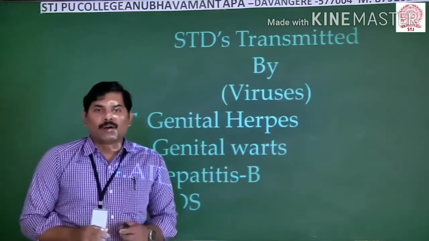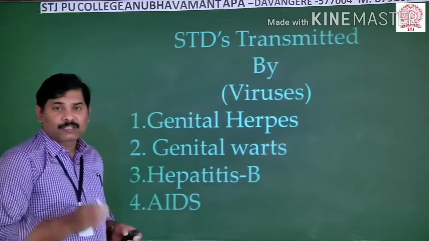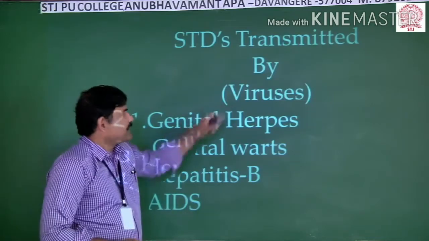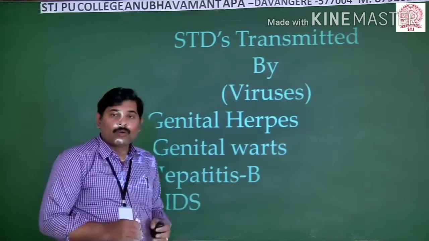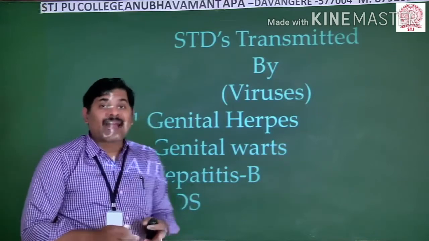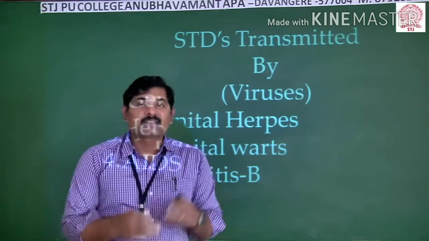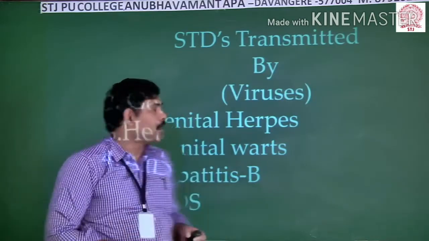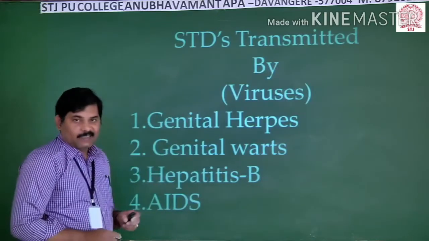So we are going to see such a variety of diseases in today's session in a detailed way. Here we are with some of the diseases that are caused by viruses. As of now, we studied the bacterial diseases in detail. Now it is time to discuss the viral diseases in more detail.